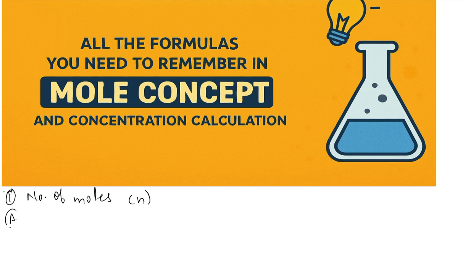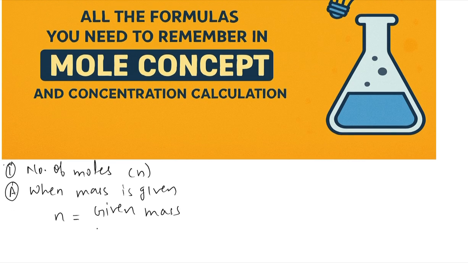So when the given data is, for example, when mass is given, then the formula that you are going to use is number of moles is given by given mass divided by molar or atomic mass.